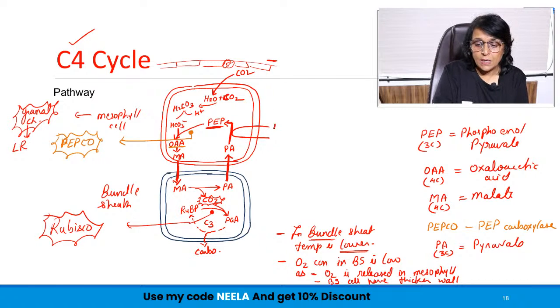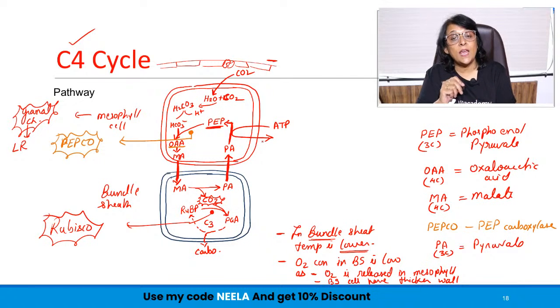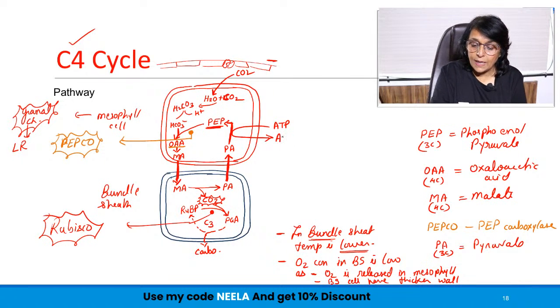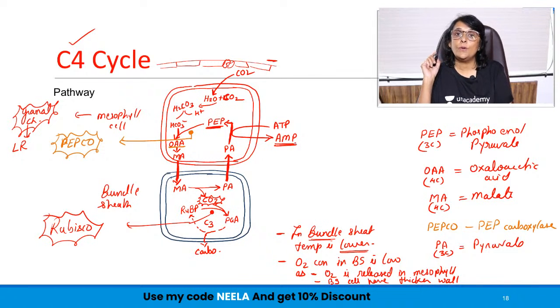So we need ATP, and this ATP will change into AMP. That means both the phosphate bonds are going to break.